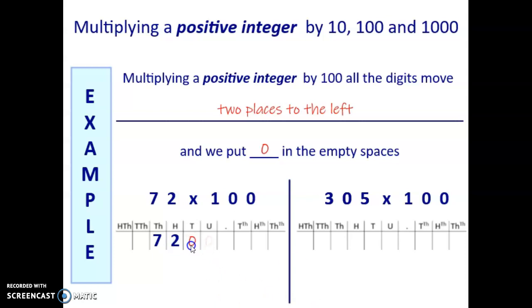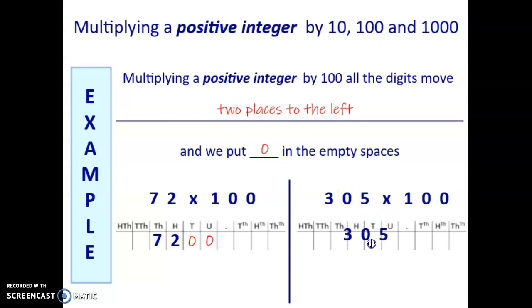This time, I need to use 2 zeros. I can put zeros in all the other columns apart from the decimal point, but I don't need to because it doesn't change my number. Let's look at the next example, 305 times 100.